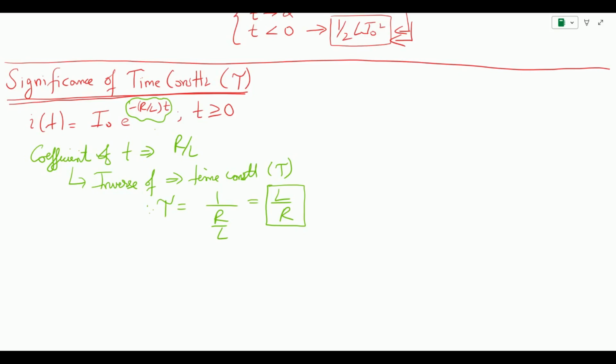Now what does the time constant mean? Time constant, or basically this tau, which is an important parameter in the first order circuit, basically tells us how much time has elapsed such that the system reaches steady state condition.